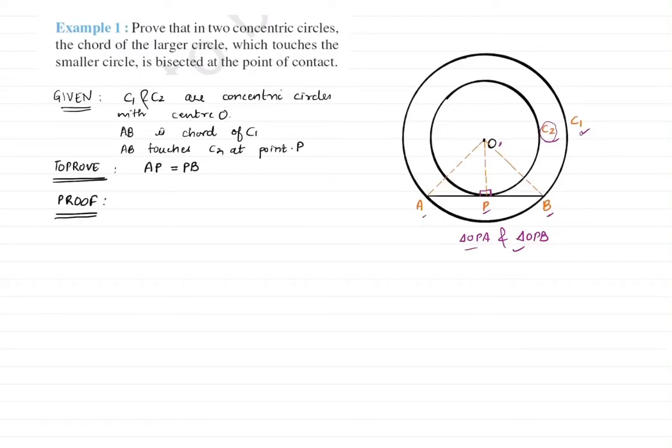And so let's try to prove that in our proof. I think it is possible, right? Because OA and OB are radii of the larger circle C1, so they are obviously congruent to each other. OP is a common side in both the triangles. So we have a pair of hypotenuse, we have a pair of side which is congruent to each other, and we have the right angles. So by RHS, these two triangles can be proved as congruent to each other, and AP is equal to BP by CPCT.